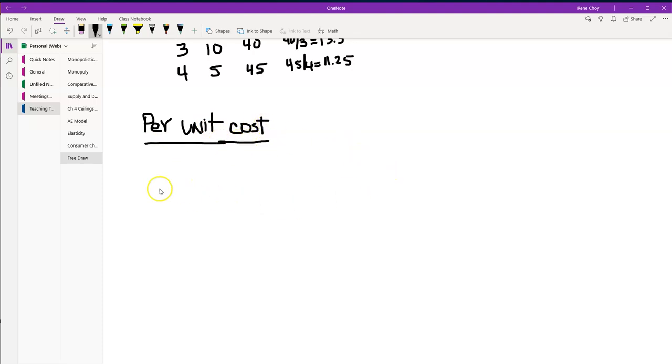Okay? So how do I turn a total cost into a per unit cost? Well, all we do is we take total cost and divide it by quantity, and now it becomes average total cost.